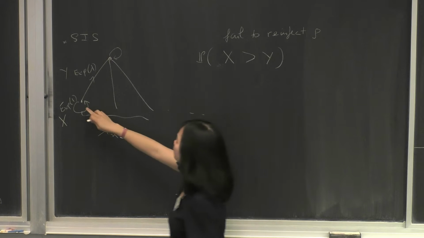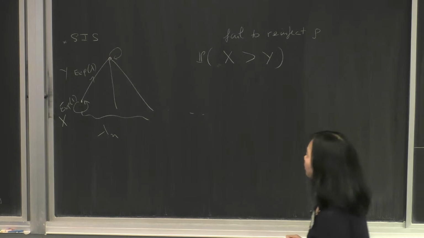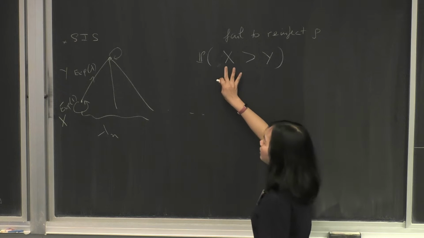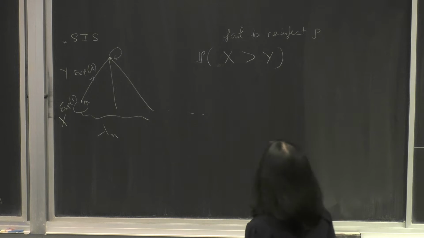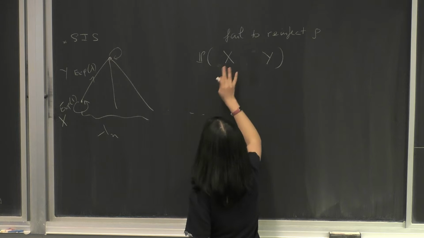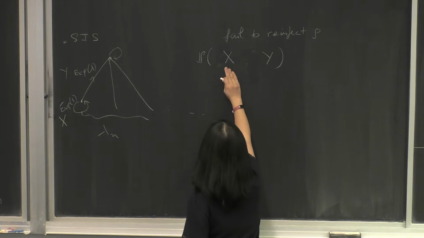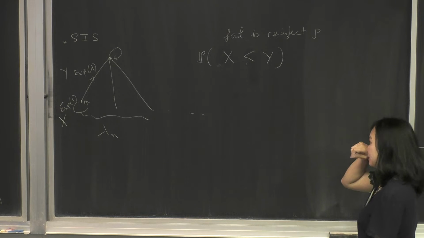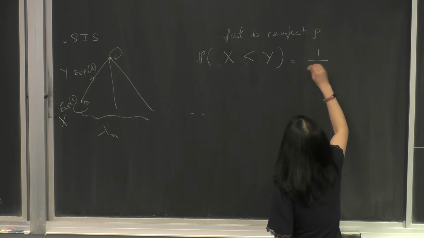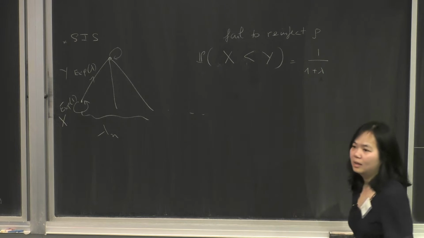That is the same as the probability that it recovers before sending the infection to the root, and that happens with probability 1 over 1 plus lambda.